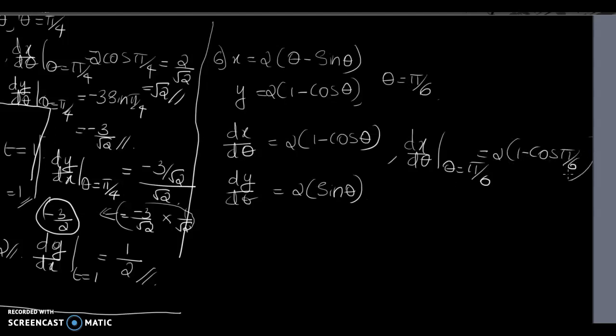Cos pi by 6 means cos 30, which is root 3 by 2. Actually, the problem works out so that dx by d theta equals 1.